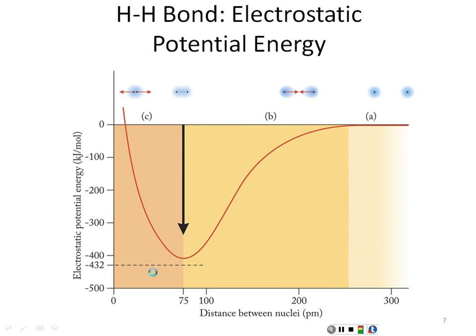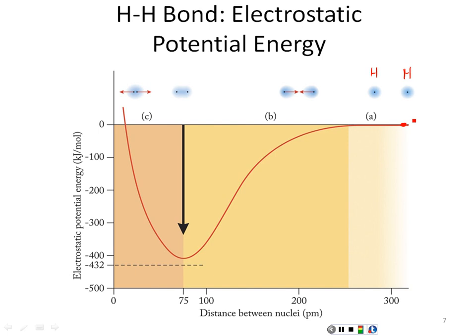So here's a figure from the book. This is a potential energy curve. And these two blue dots up here are separate hydrogen atoms. So at point A, they're far enough apart that they don't notice each other. They can't feel each other. So the potential energy at point A is 0.